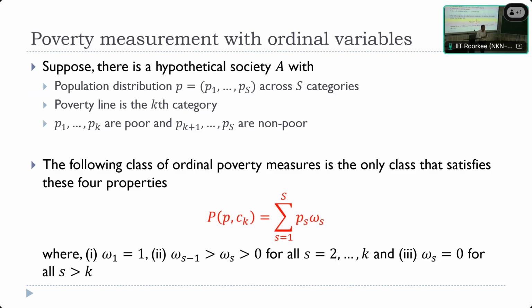So the mindset should be: I'm giving you the restrictions. You can choose any weights within them. Any weights are permissible. What you need to do is conduct robustness first. That's why we did dominance analysis, because we do not believe in any poverty line. No poverty line can be defensible. So you have to use a range of poverty lines to test whether your comparison holds across the range.